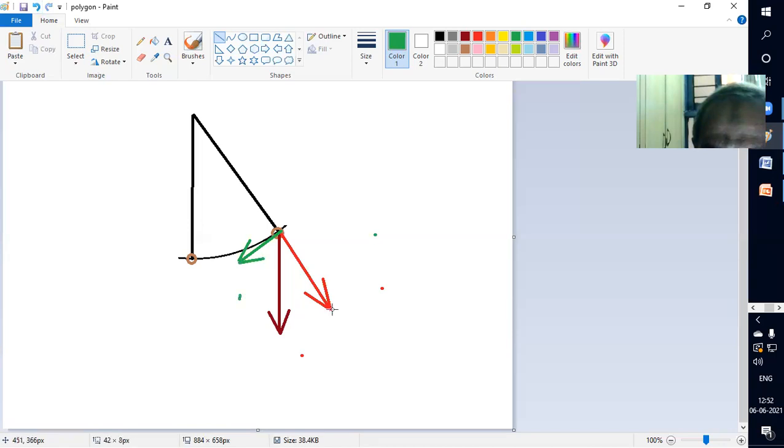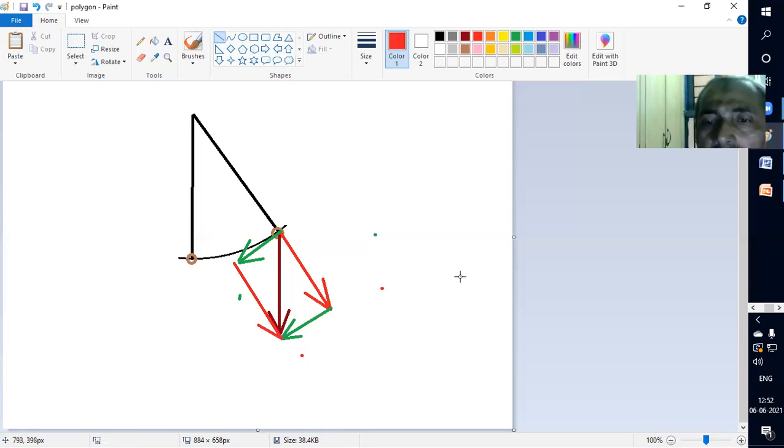Again, I'll take a copy of that green color vector here, and I'll take a copy of this red color vector again here. As you know, vectors may be shifted anywhere on the screen.